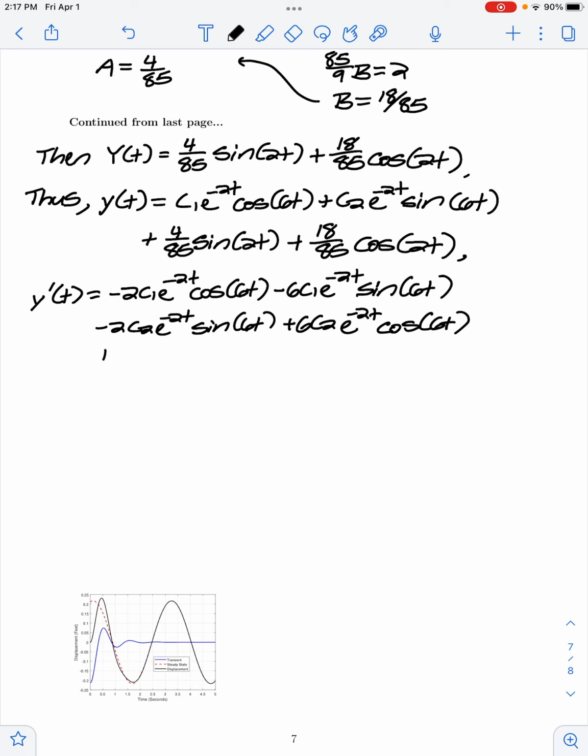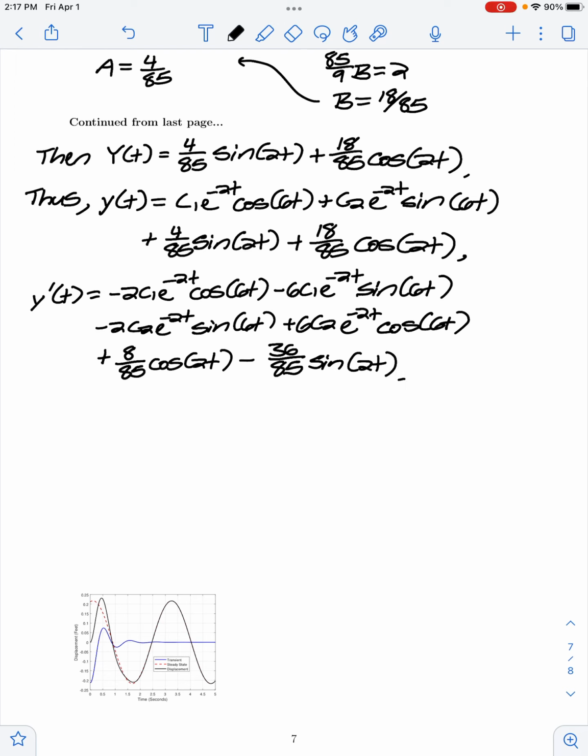And then moving to the derivative of my particular solution, I would have 8 over 85 cosine of 2t minus 36 over 85 sine of 2t.